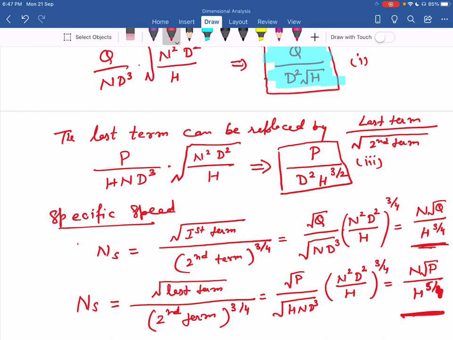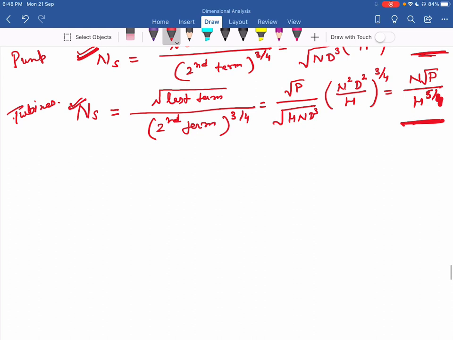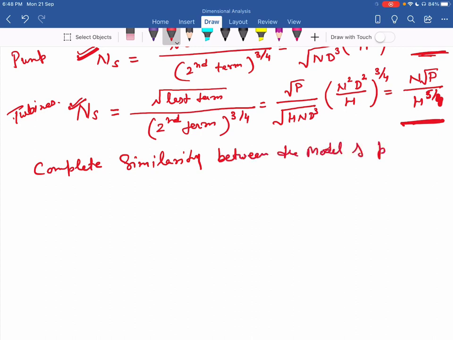Now the upper term is the specific speed for pumps. I use that term for pumps, and the bottom one, I can use for turbines. So this is the fourth term we have now. Now if I conclude all this, I can write the necessary conditions for complete similarity between the model and its prototype.